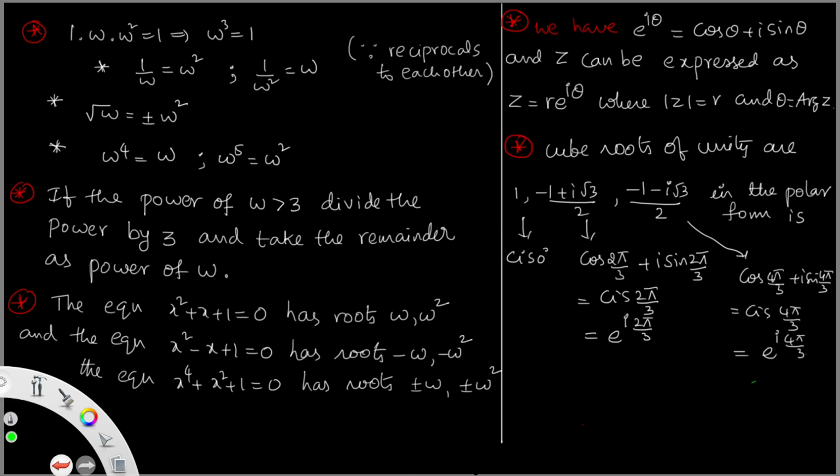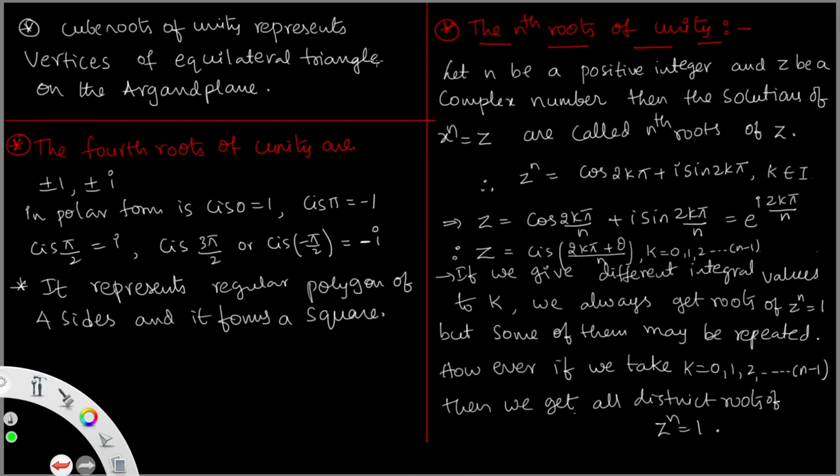Then the cube roots of unity represent the vertices of an equilateral triangle on the Argand plane. By drawing a figure in the Argand plane, taking x and y axes and plotting the points 1, omega and omega square, you get an equilateral triangle.